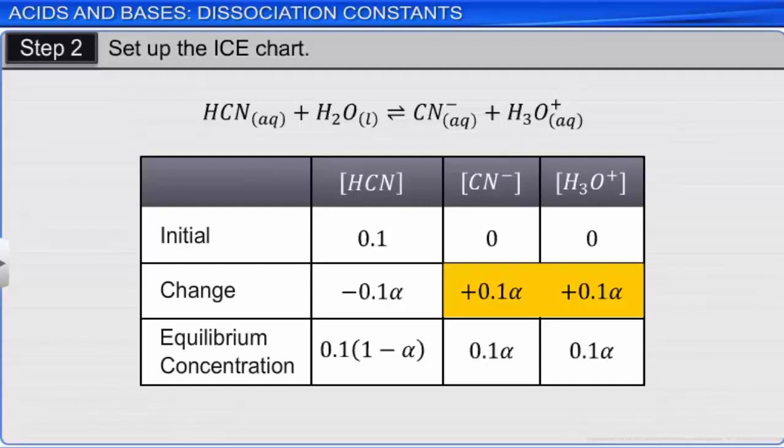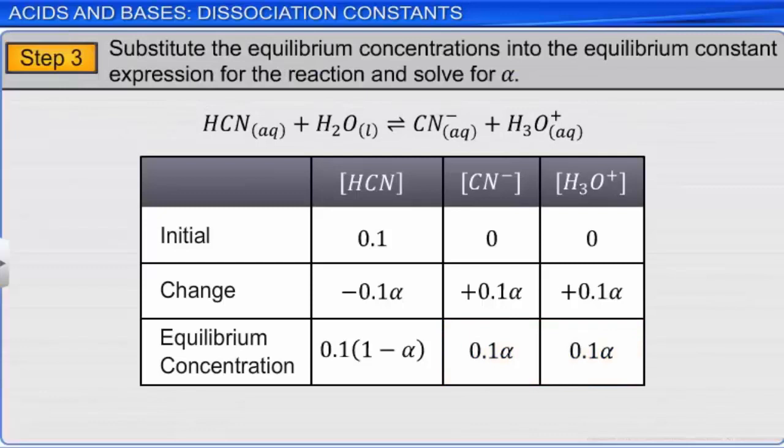The equilibrium concentration of hydrocyanic acid is 0.1 multiplied by 1 minus alpha and 0.1 alpha each for cyanide and hydronium ions. In the third step, substitute the equilibrium concentrations into the equilibrium constant expression for the reaction and solve for alpha.